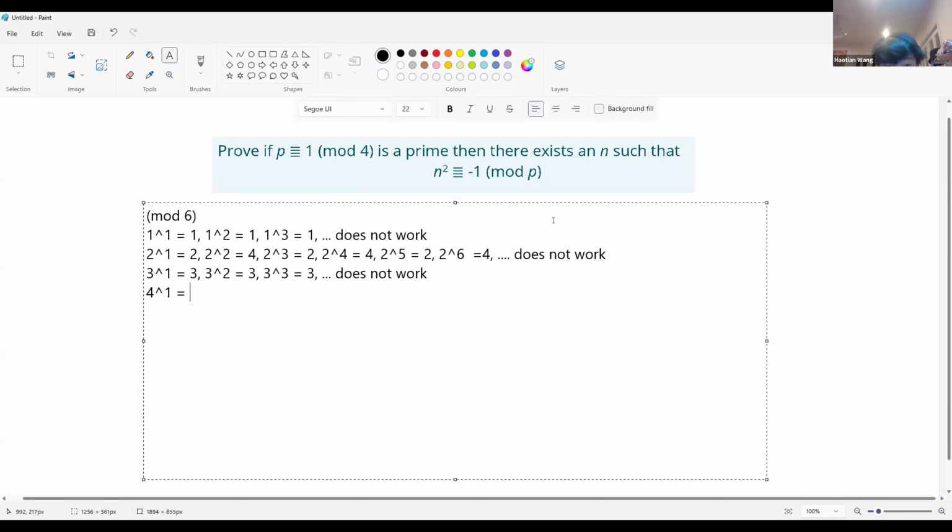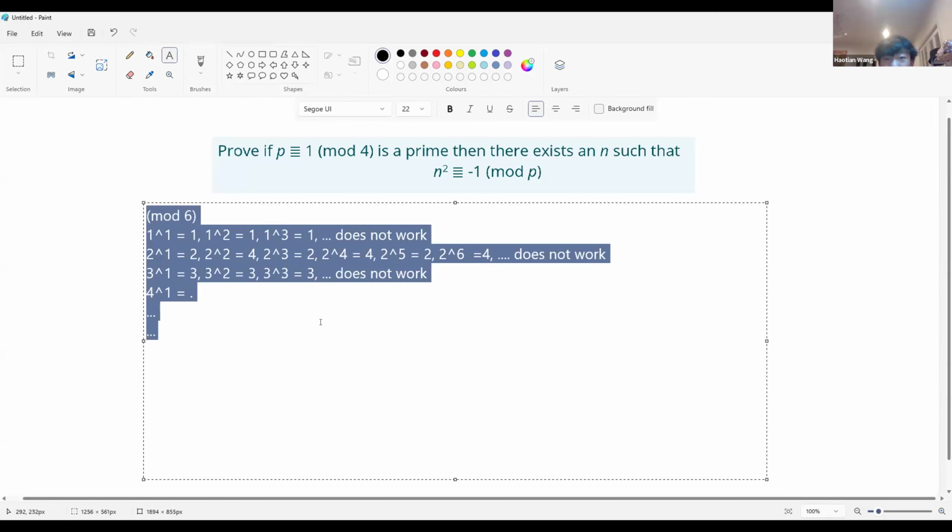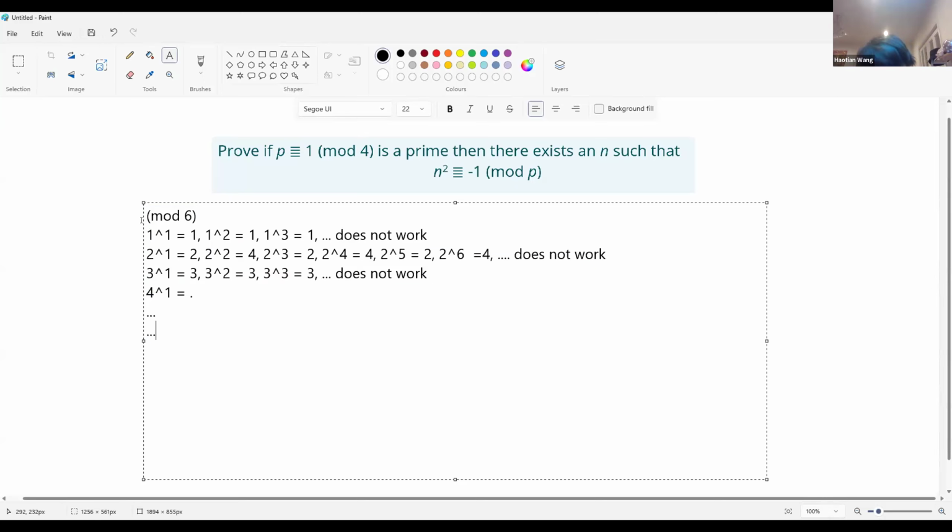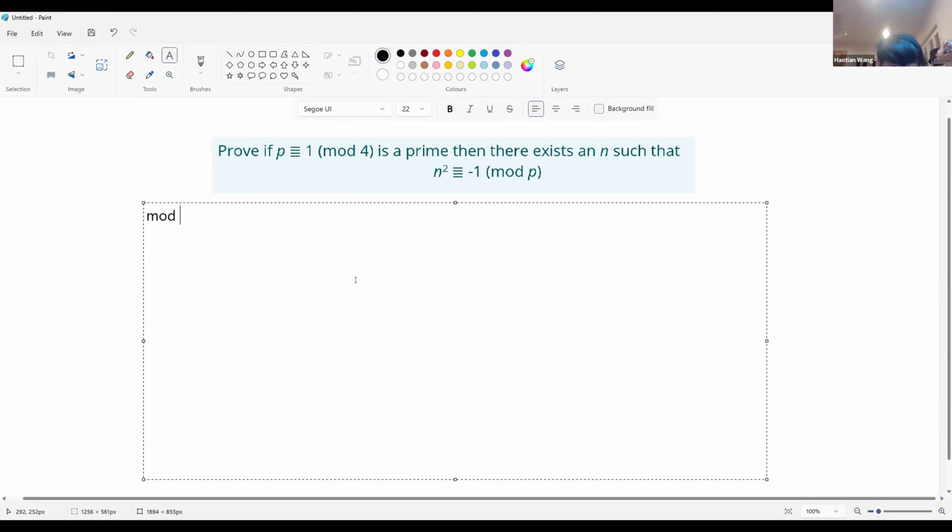If we try 4, that also does not work, and so on. I will stop going on with them. The point is, you can't always just pull out a generator. But if we're considering mod a prime, then it is proven that there is always a generator.